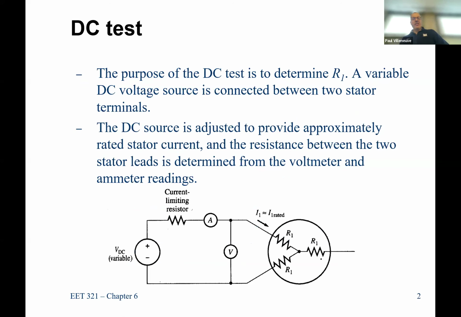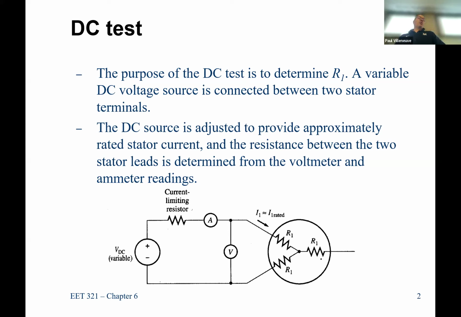So here's a DC test, just exactly the same as the DC test on the synchronous machine. We take a variable DC, we run it into an ammeter and a voltmeter. We put the current limiting resistor just because we're trying to protect it. Because remember, the induction machine has a bunch of inductors associated with it.